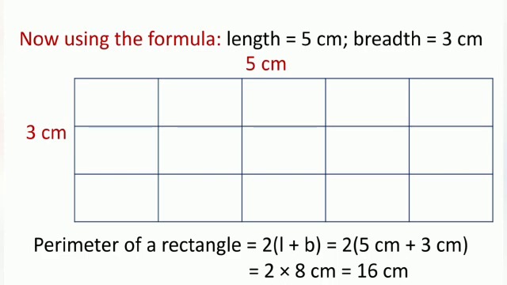Here the length of the rectangle is 5 centimeter and the breadth of the rectangle is 3 centimeter. So perimeter of this rectangle is 2 into (5 centimeter plus 3 centimeter), that is 2 into 8 centimeter, which is equal to 16 centimeter. So the perimeter of the given rectangle is 16 centimeter.